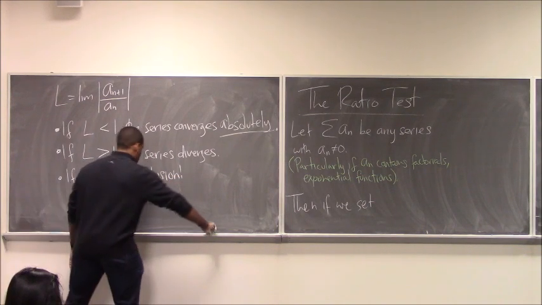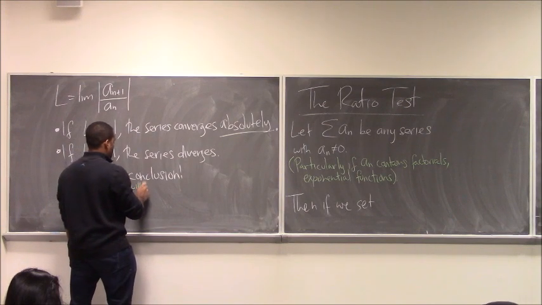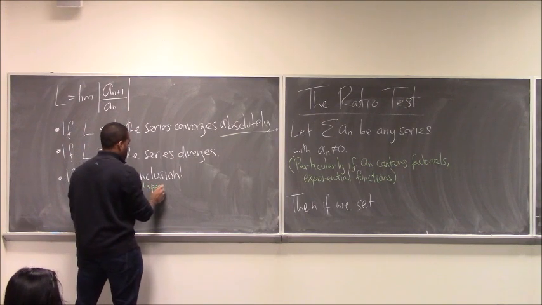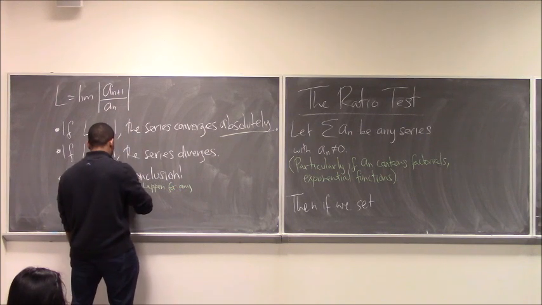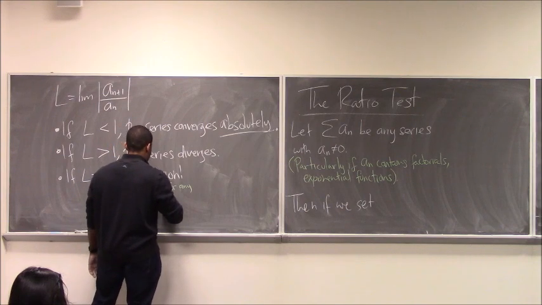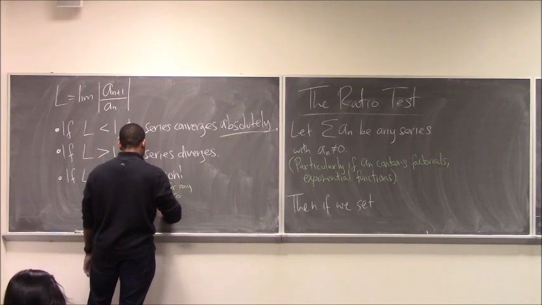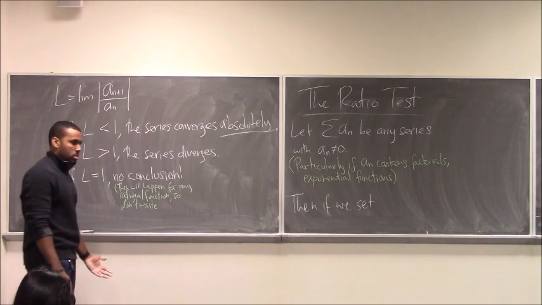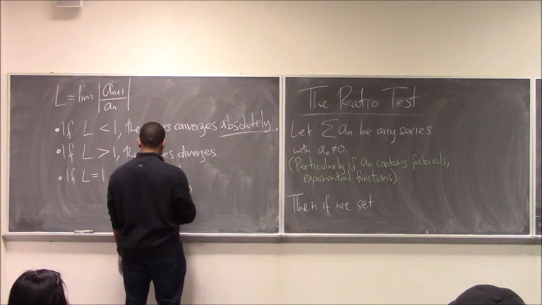By the way, this will happen for any rational function. So don't waste your time. Right, you see a rational function, probably the best thing to do is a comparison with a p-series. Either limit or regular comparison.